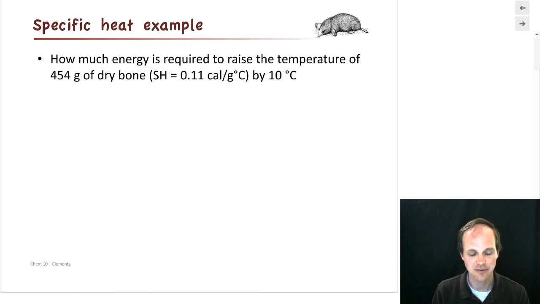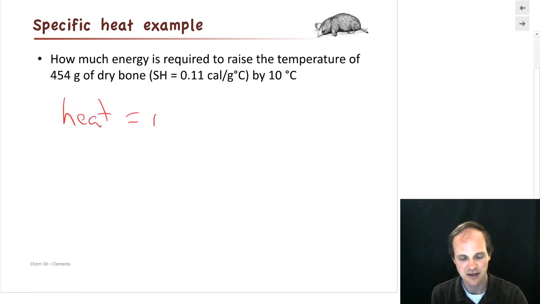So here's an example we're going to try. How much energy is required to raise the temperature of 454 grams of dry bone by 10 degrees Celsius? So just like we did before, we're going to write down our heat equation and substitute in. Now, here we've already got mass, 454 grams.